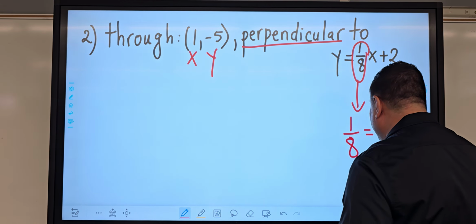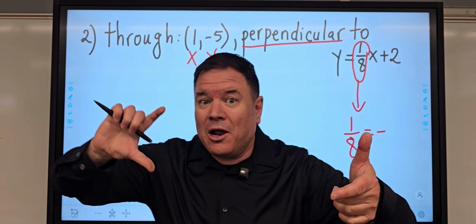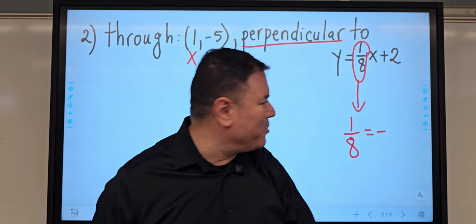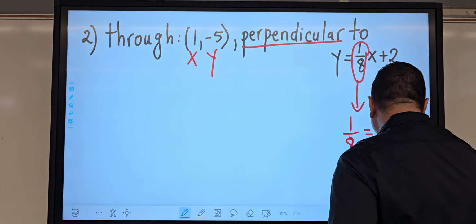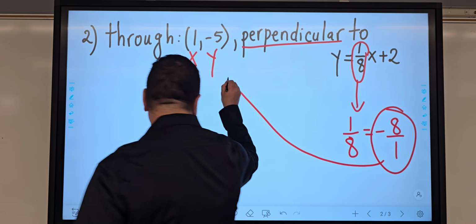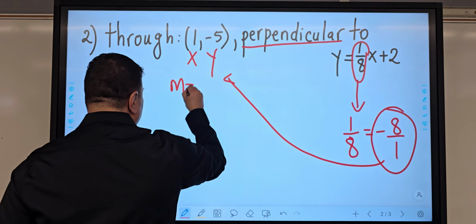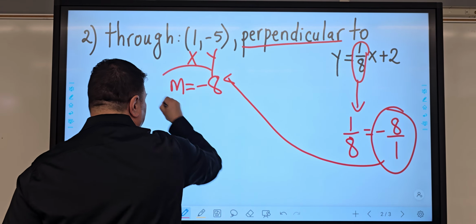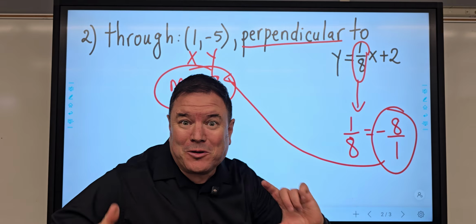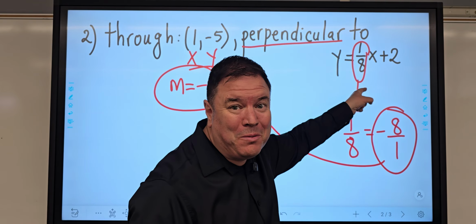And then the reciprocal of 1/8 is, of course, 8/1. So -8/1 or just -8. So let's steal this one here now. M equals -8. Okay? We just stole the opposite reciprocal of that slope.